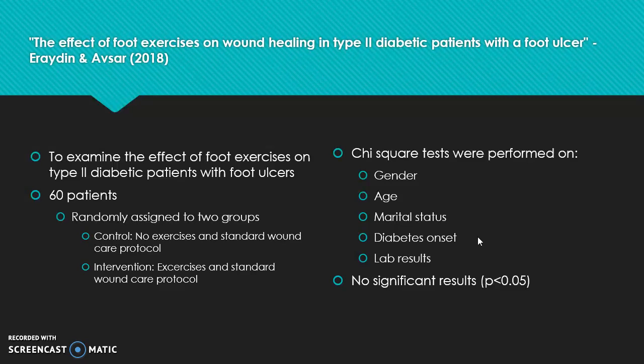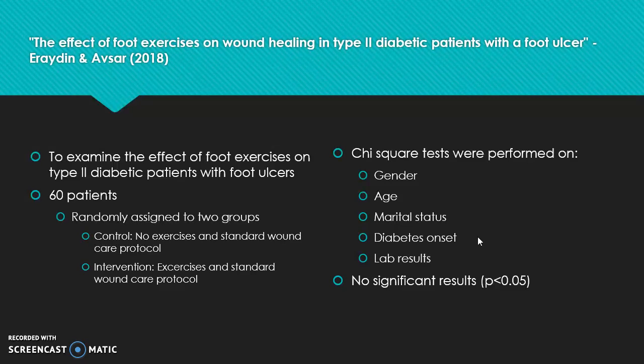They were randomly assigned to 2 groups. The one group, which we consider the control, did not perform any foot exercises, and they received the standard wound care protocol. On the other side, we had the second group, the intervention group, who performed the foot exercises, and they also received the standard wound care protocol.